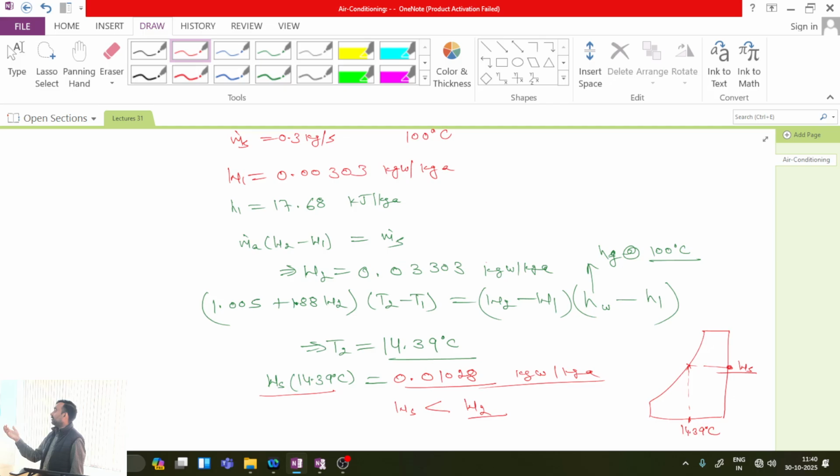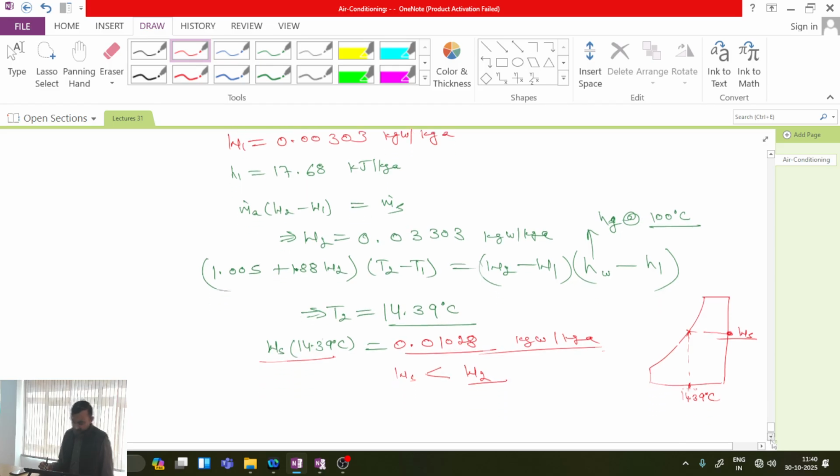But air cannot hold moisture above the saturated condition. So the remaining portion must condense, and that condensate must be present in the form of fog droplets. So how much will be the mass of condensate in this?